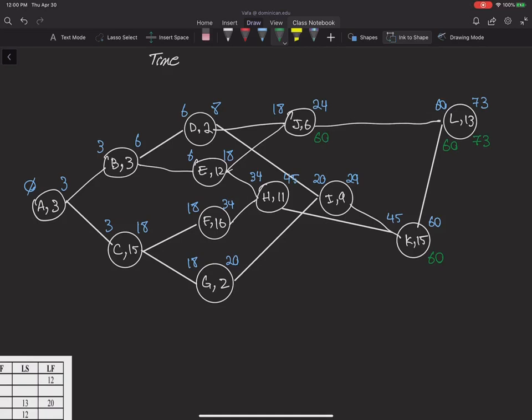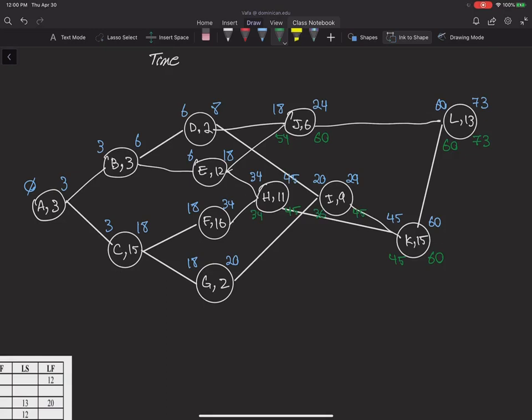For activity K, 60 minus 15 will give me 45 as the late start. And for activity J, 60 minus 6 will give me 54 as the late start. Since the late start for K is 45, the late finish for I and H would be 45. For I, 45 minus 9 gives me 36. And for H, 45 minus 11 will give me 34.